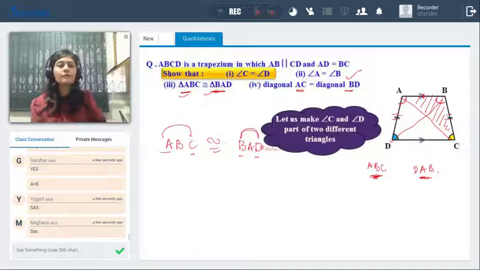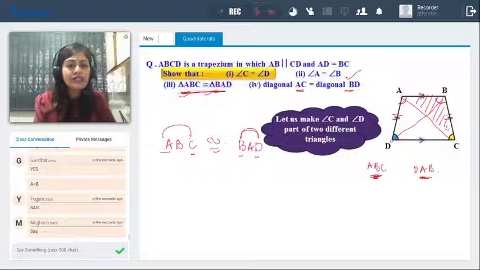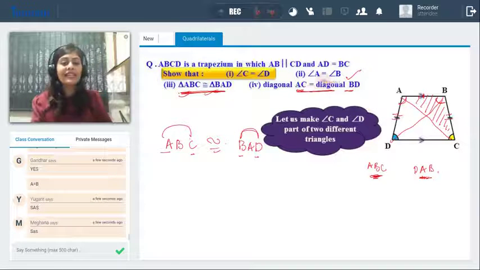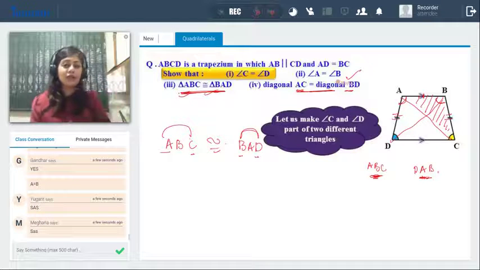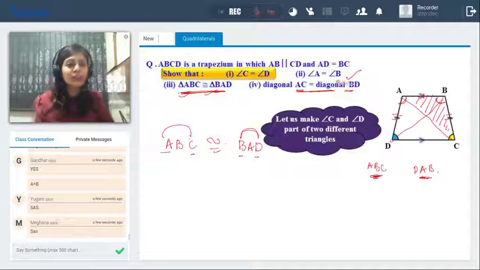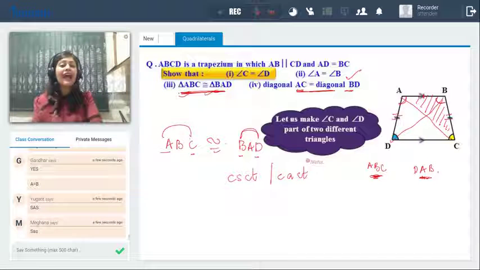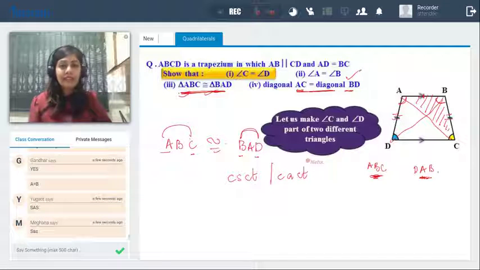Whenever you have such sums where you prove two triangles congruent and when you need two sides equal, check if those two sides belong to the two triangles that are congruent. If they are sides of those two triangles, definitely by CPCT, the two sides or angles will be congruent to each other. Is this understood?